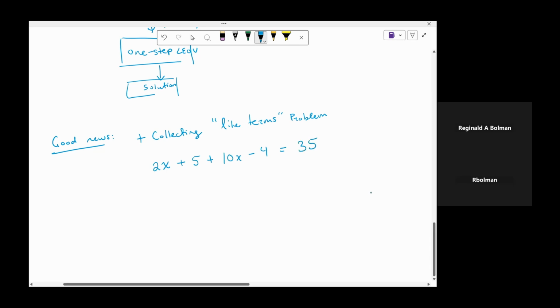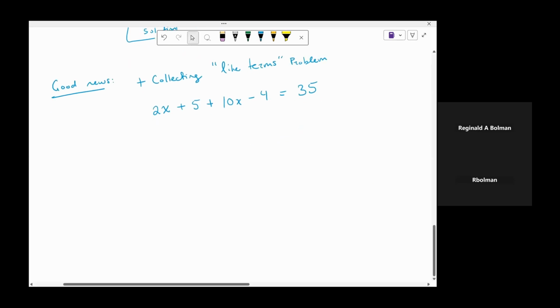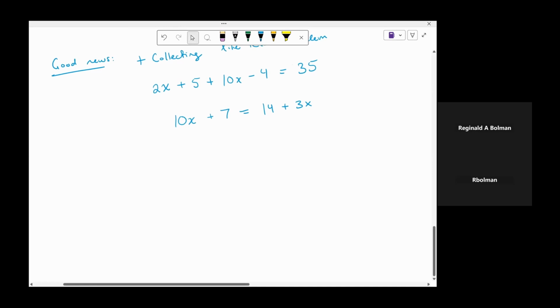This would be a very classic case where you're collecting your like terms together, and we'll talk about what that means. Another situation where you might use collecting like terms would be something like 10x plus 7 is equal to 14 plus or minus 3x. So you've got x terms on both sides of your equal sign. That would be an example of collecting like terms.